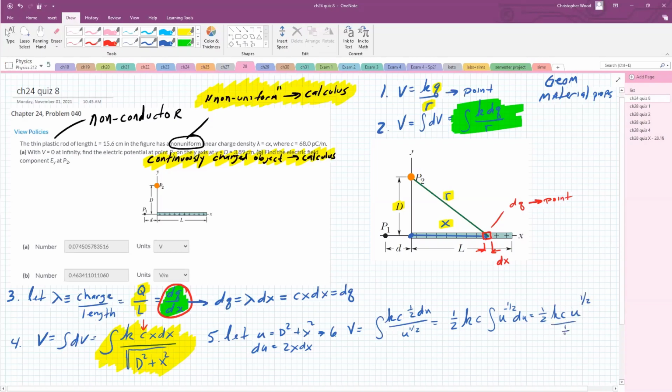So U substitution says that the voltage potential difference at point P2 equals the integral, I forgot the integral, no, I did, equals KC times U to the 1/2, where U was d squared plus x squared, to the 1/2.